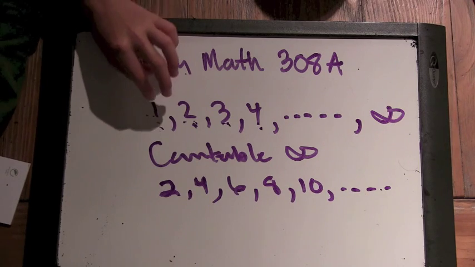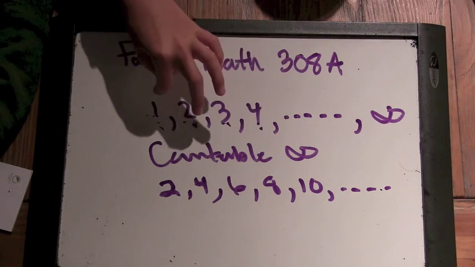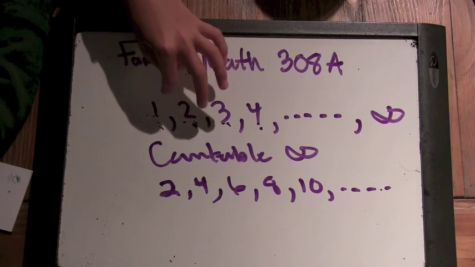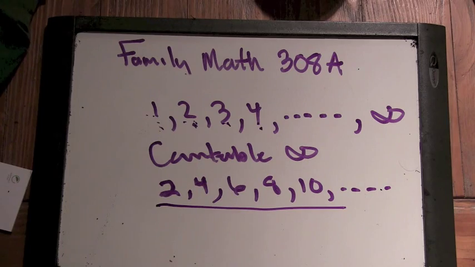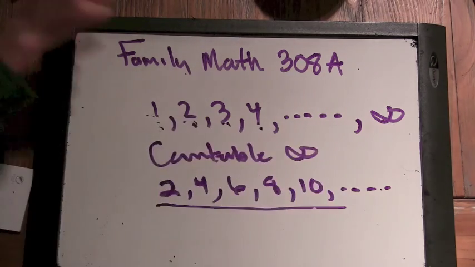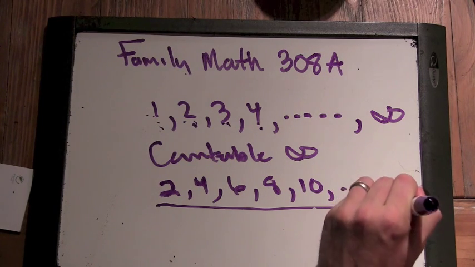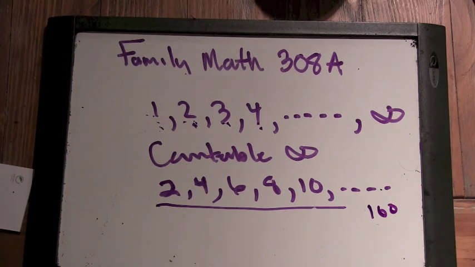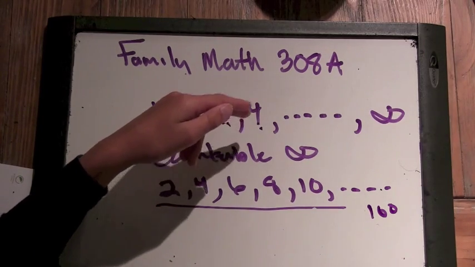Well, we can correspond the numbers to the integers. What's the correspondence here? Well, this would be the first one, the second, the third, the fourth, all the way up. What about when I get to the number 100? What number would that be on the list? Well, up here, there should be 50.